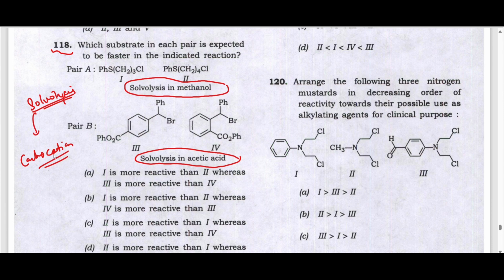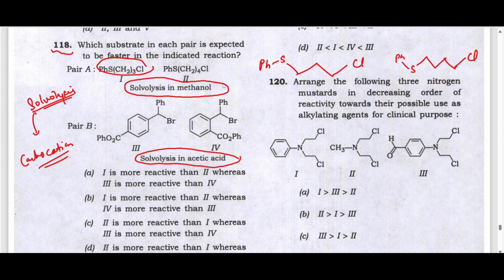Okay, so in this case, if you consider these two substrates, you can see its structure is this. There will be three methylene groups and one chlorine. And in this substrate, one methylene group is more. So overall, there are 4 methylene groups between the phenyl sulfide group and the generated carbocation.